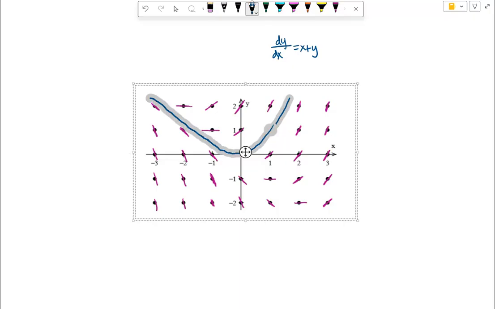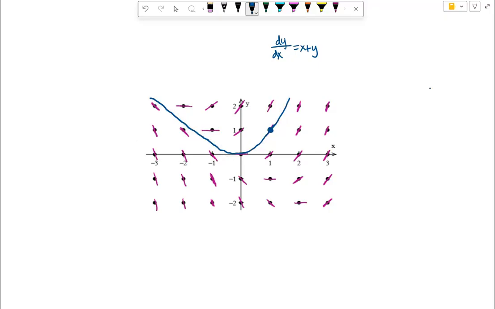If I think of the slope field almost as a current, I'm getting caught up in my slope field here. Now, it's hard to say that this is perfectly accurate, but this is representing visually a solution to this differential equation. A solution is going to be some curve in the form of y equals.